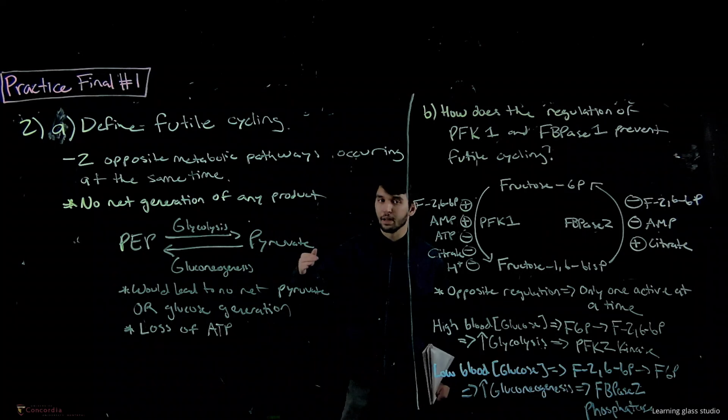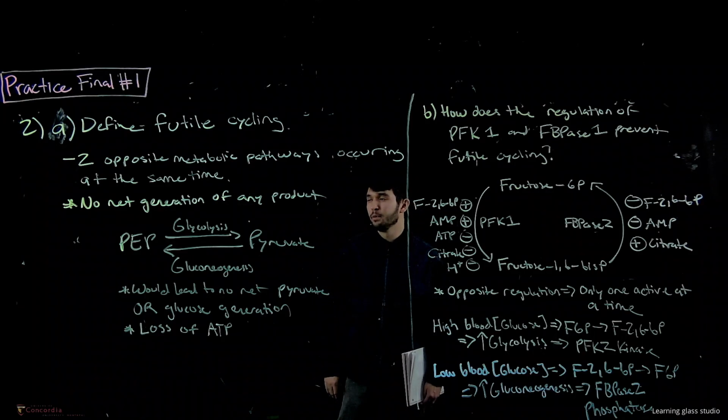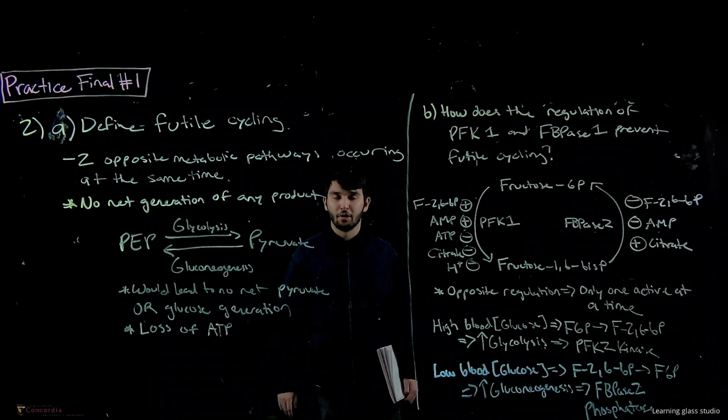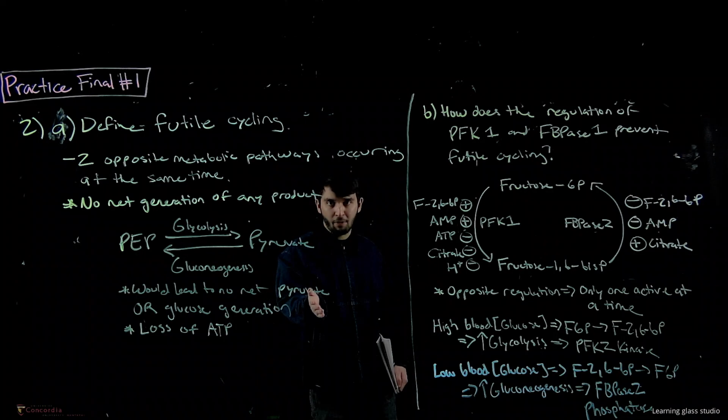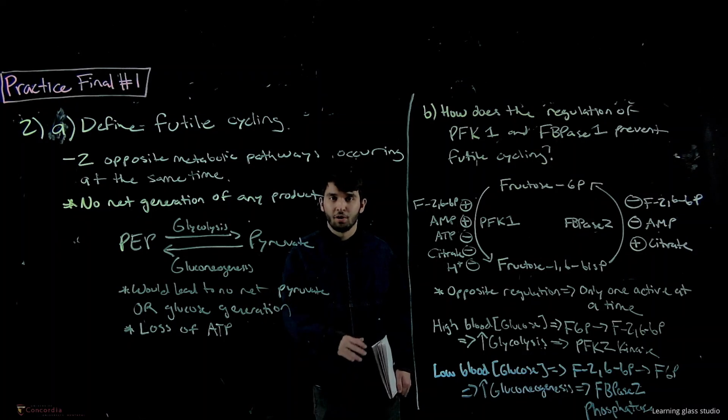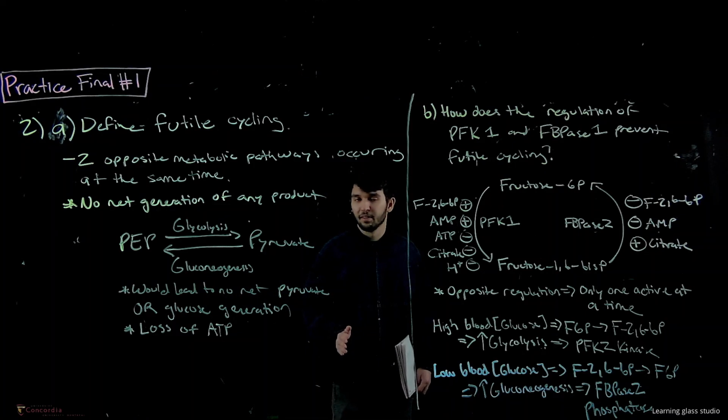So if these are happening at the exact same time, there is no net generation of either pyruvate or phosphoenolpyruvate. They're both being used up, which means there's no net pyruvate generation or no net glucose generation. So you're not making glucose with gluconeogenesis, you're not making pyruvate with glycolysis.